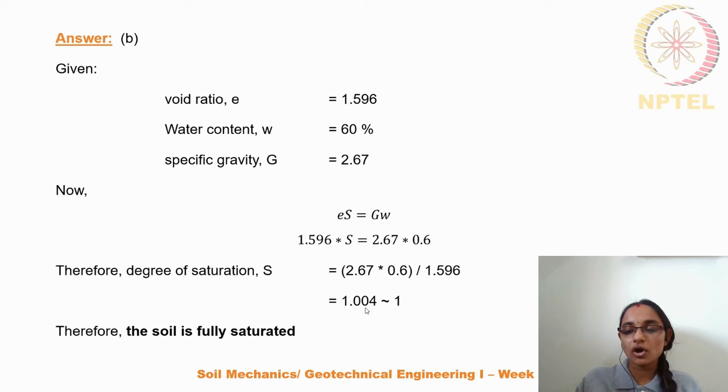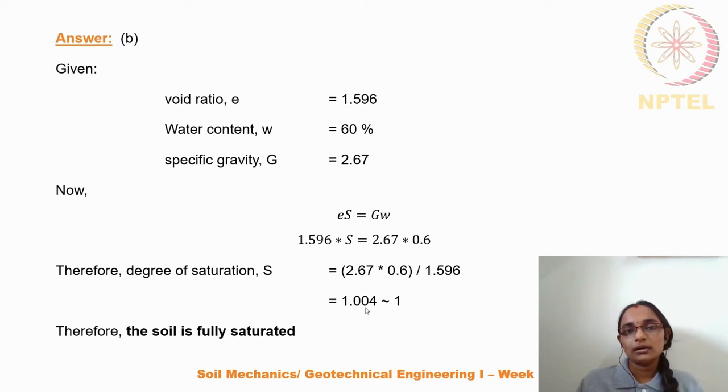So if the soil mass contains void spaces that is partially filled with air and partially with water, we term them as partially saturated soil. And if those voids are completely filled with water, it is fully saturated soil. And if the voids are completely filled with air, it is dry soil.